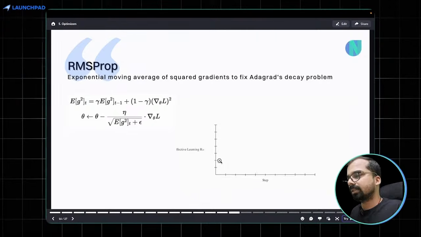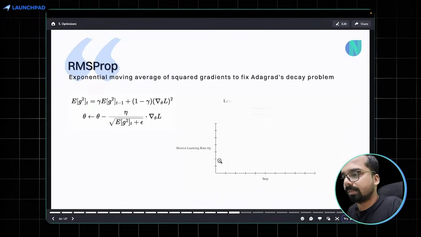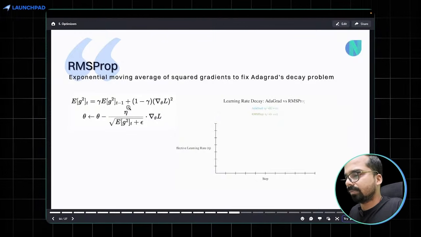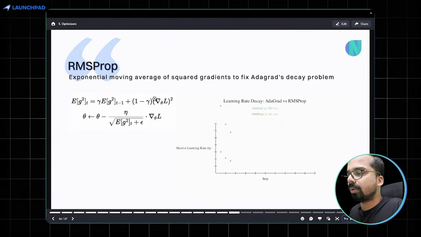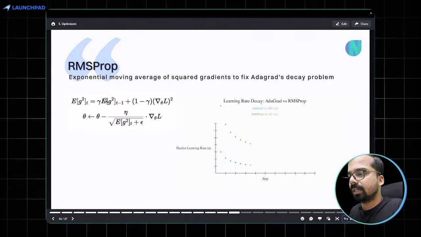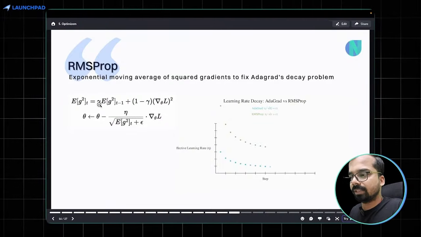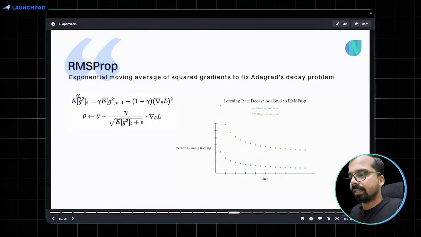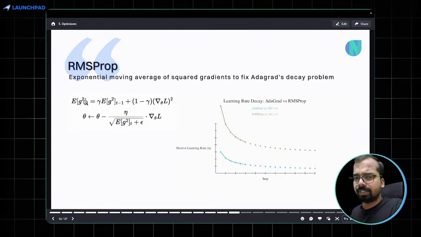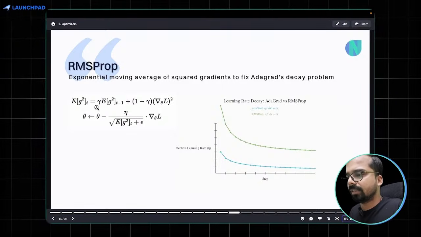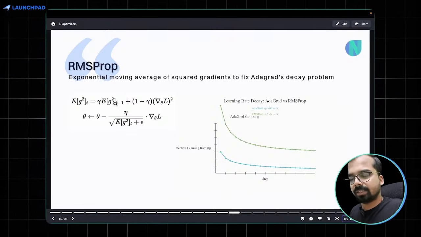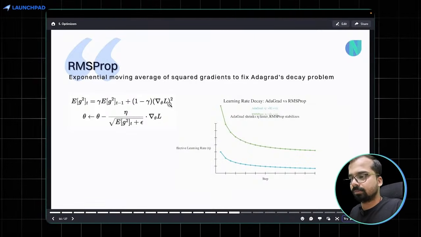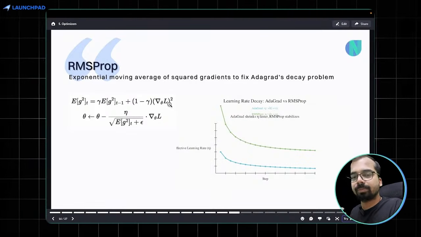To solve this, something like RMSprop comes into the picture. If you see this equation, instead of adding the square of the gradients, we are also having this weighted average thing. So current GT, think of it like the GT that we were calculating, is equal to gamma times past GT plus 1 minus gamma times the current slope square.